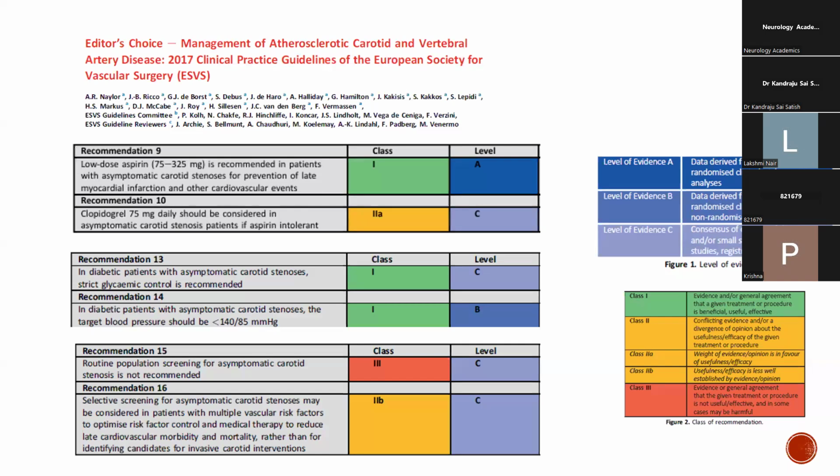Sir, in the carotid microemboli study, microemboli are related to unstable plaque. In that study they found that in patients without microemboli, best medical management is better than carotid endarterectomy.